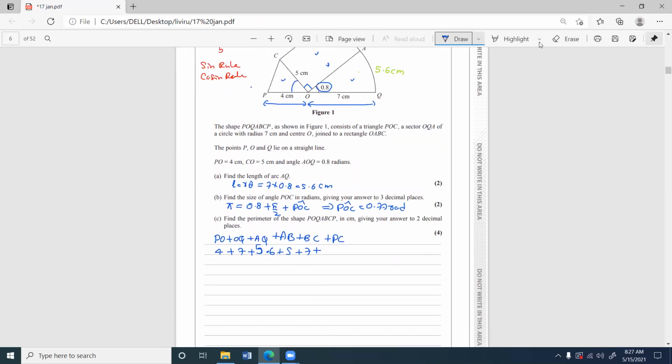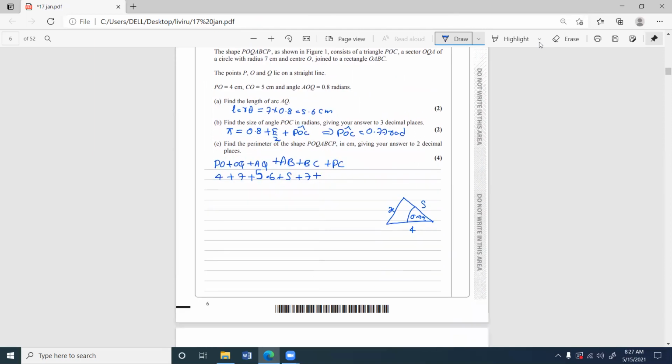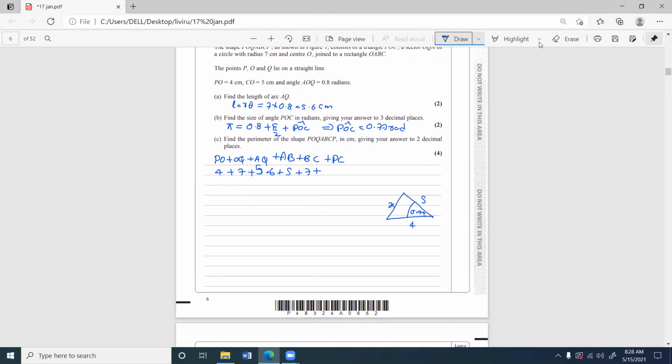You can understand that here it's a triangle like this. We already found this angle, 0.77 radians, and this length is 4 and this length is 5. This is the length we need to find. If you know two sides with one angle and need to find the third side, we can use the cosine rule.